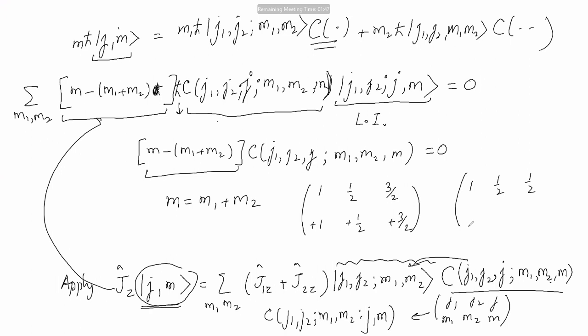Or the other option which I told, that you can have this value, or you can have this value. Okay. Therefore, the important point is, whenever I am considering M1 and M2 for a non-zero Clebsch-Gordan coefficient, my M must be equal to M1 plus M2.